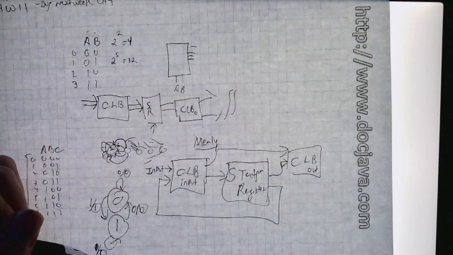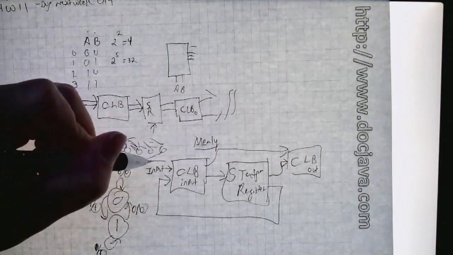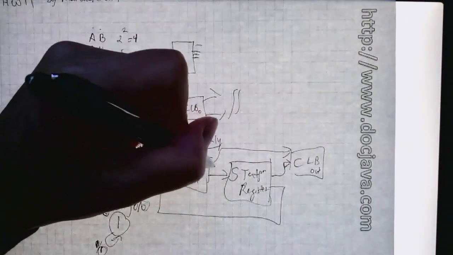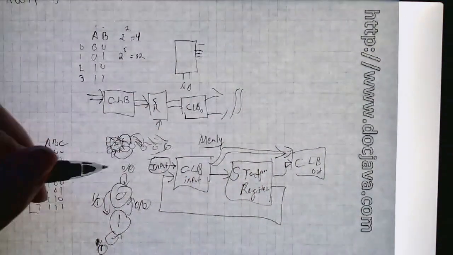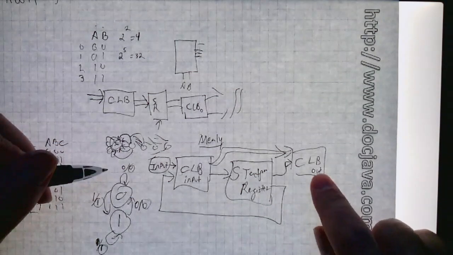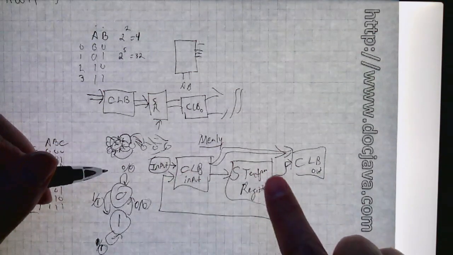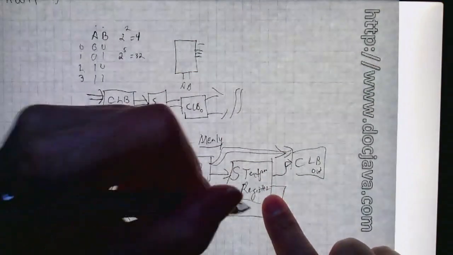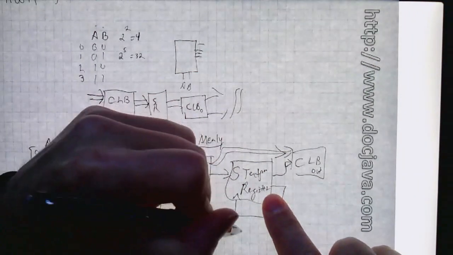Then it says you can have asynchronous output changes, and that's true because this input can propagate through the combinational logic and give you an output that changes with the input without regard to clocks on the state register, because these state registers are clocked.